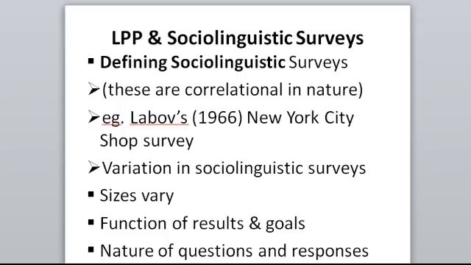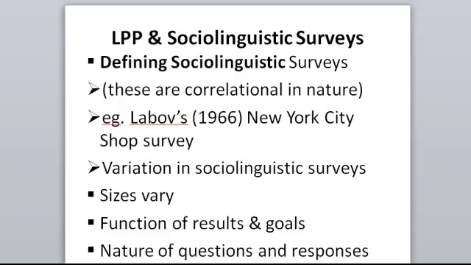Firstly, we have to talk about the background to sociolinguistic surveys. Generally, sociolinguistic surveys are intended to gather information about the social organization of language, that is, language behavior, and the behavior towards language in specified populations.